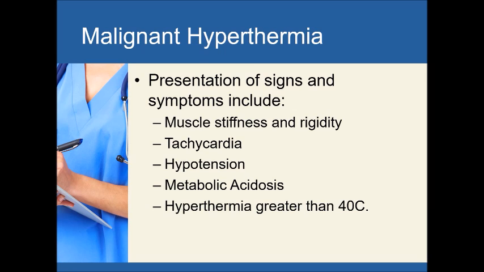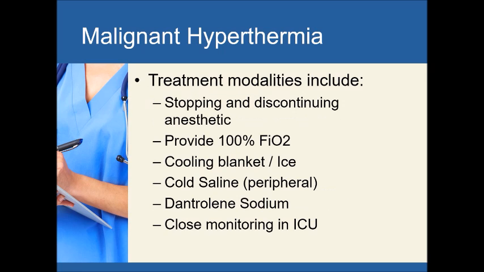This can be a problem if left untreated, because the brain is very sensitive to temperature changes, and damage to brain tissues can occur very quickly. Treatment includes stopping and discontinuing the anesthetic if the anesthetic is still being given. If it has already been given, then there's not much you can do other than supportive measures. Provide 100% oxygen, FiO2.